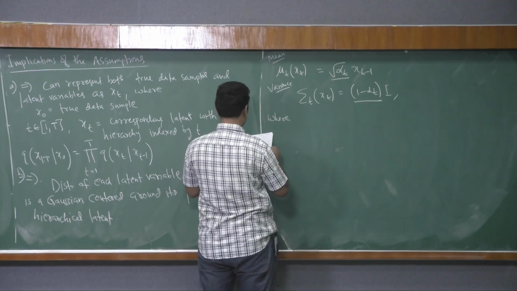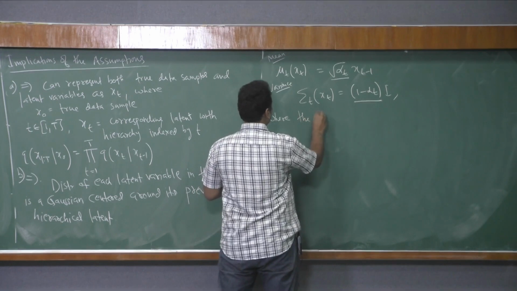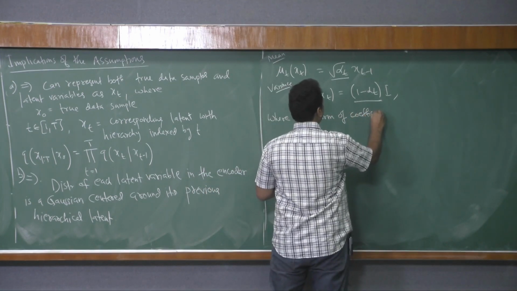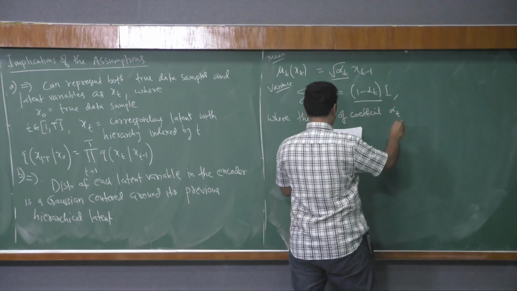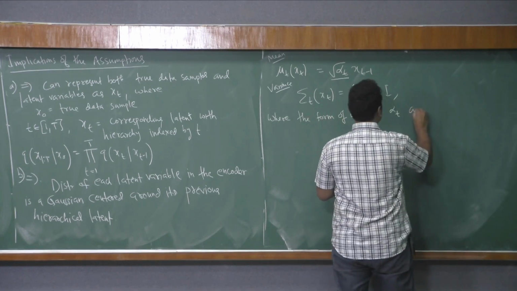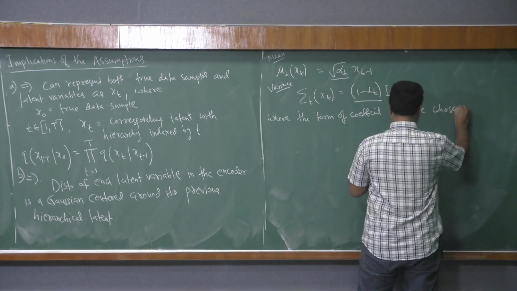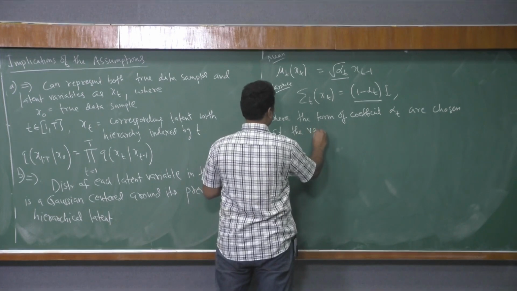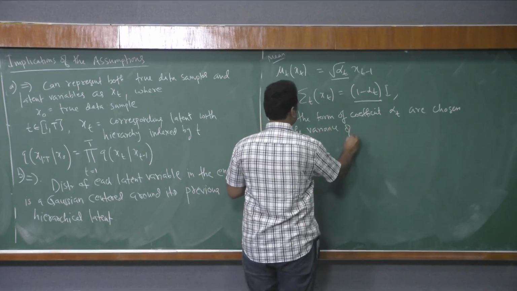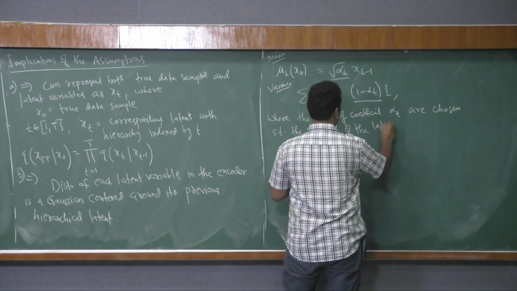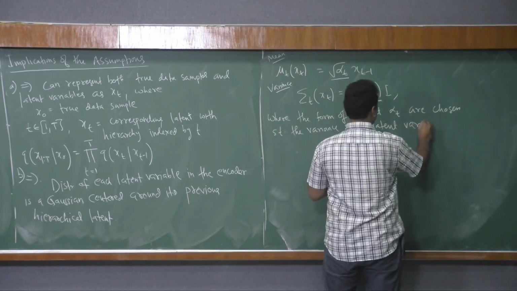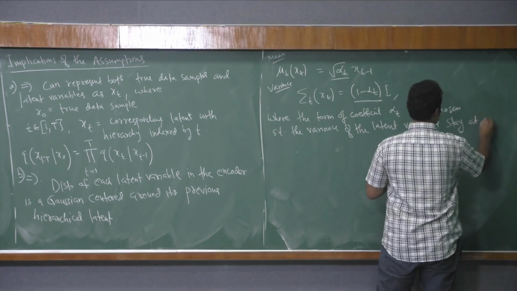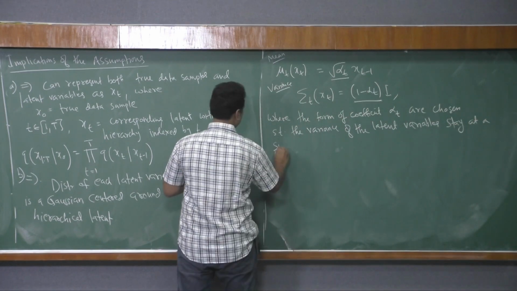Here we will say that the form of coefficients alpha t are chosen such that the variance of the latent variables stays at a similar scale.